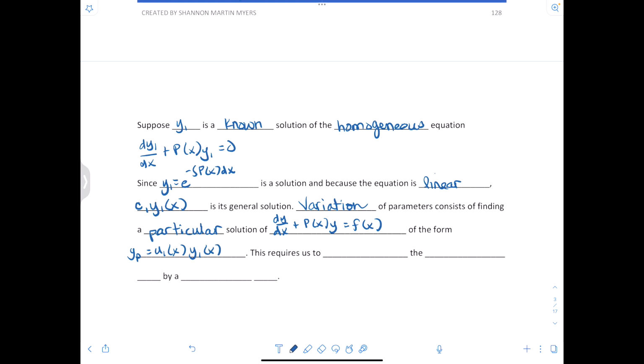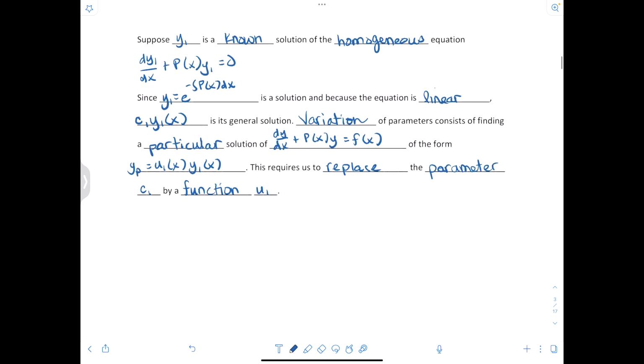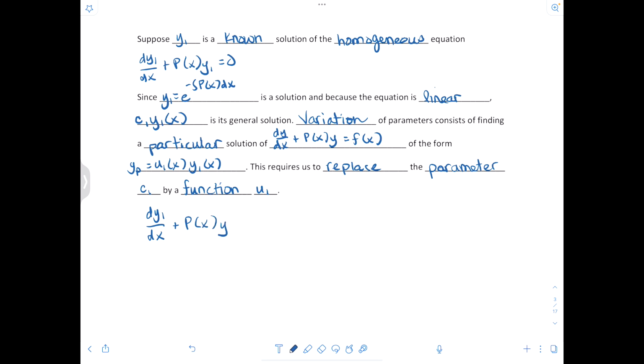Now this requires us to replace the parameter c1 by a function u1. So it's actually really neat. We have dy1/dx plus p(x) times y, that's equal to 0. Okay?